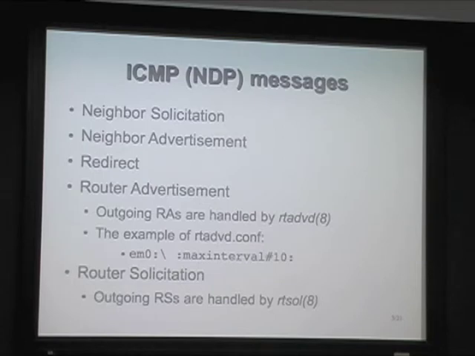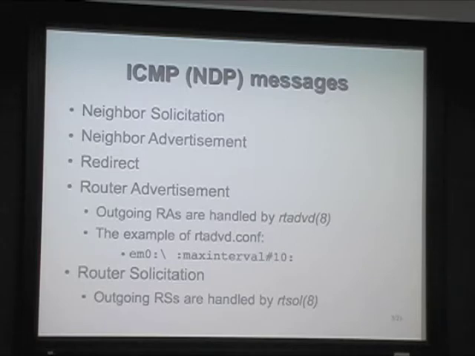We have neighbor advertisements that are basically responses to neighbor solicitations, so they contain the answer to the query. Neighbor advertisements don't necessarily have to be sent as a response to a neighbor solicitation. They can be sent as unsolicited messages, for example, when the node is about to change the address, which is suitable for mobile nodes, as an announcement of the change.